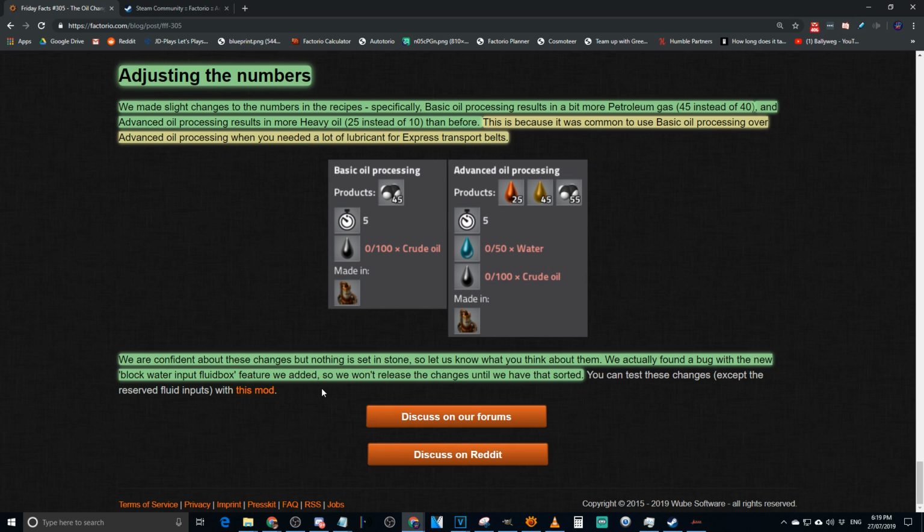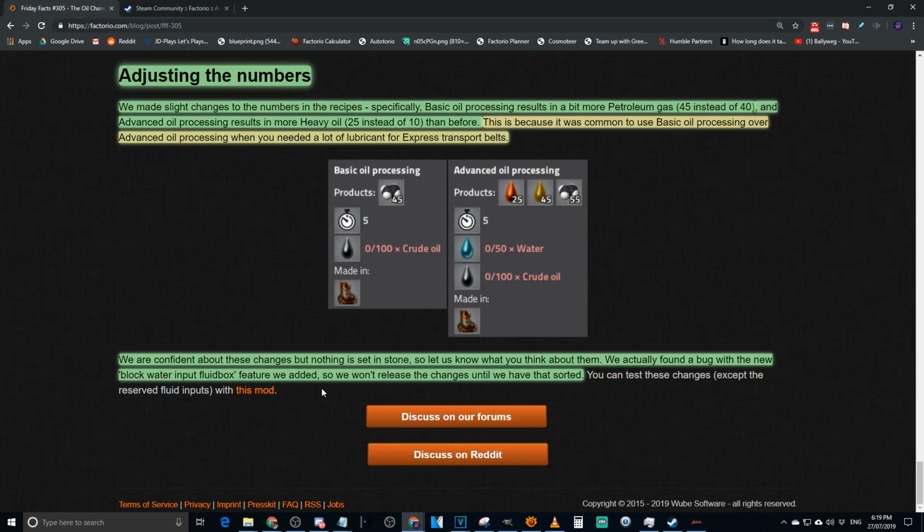Yeah. Look, for most bases, if you have advanced oil processing up and running and you're just happy with that, you just need to double or maybe triple your heavy cracking. That should fix it, if you've left room, which, let's be honest, most people haven't. But yeah, that should be the only change you need.